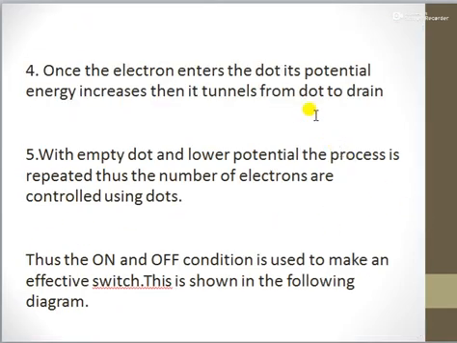Once the electron enters the dot, its potential increases. Then it tunnels from the dot to the drain. With an empty dot and lower potential, the process is repeated. Thus, the number of electrons is controlled using dots. Thus, the on and off condition is used to make an effective switching device, which is shown in the diagram as follows.